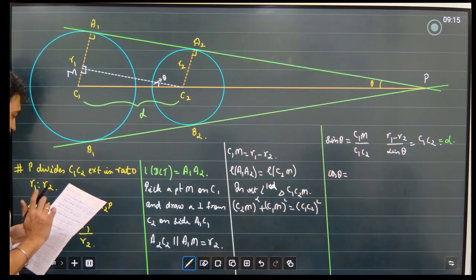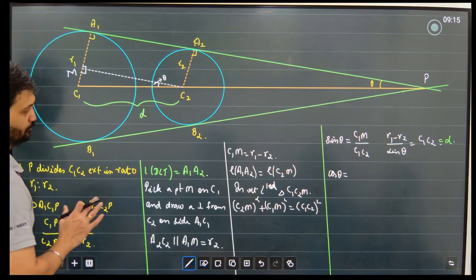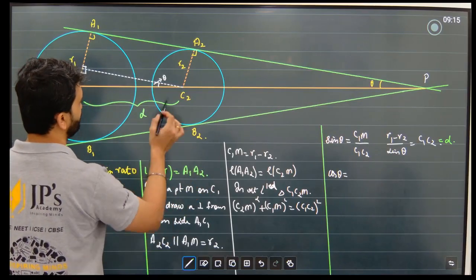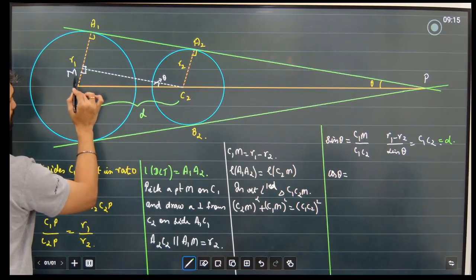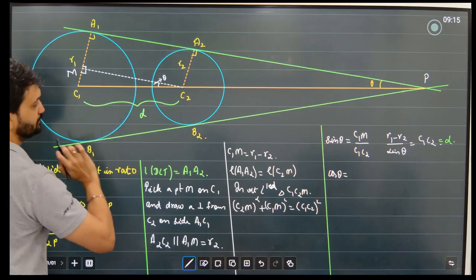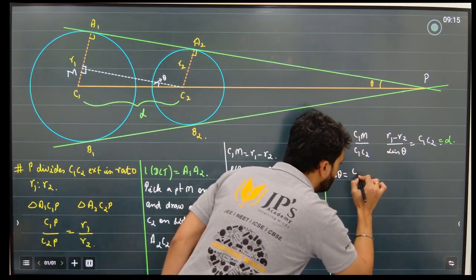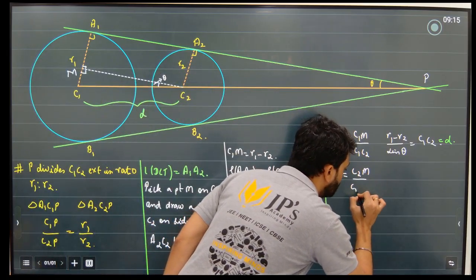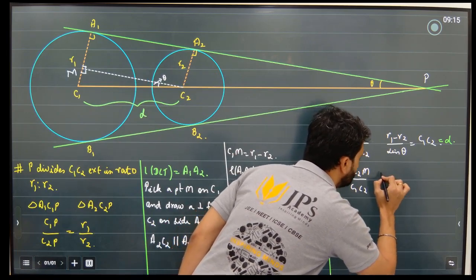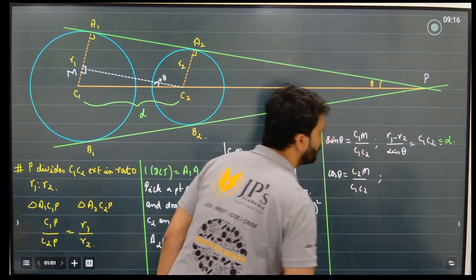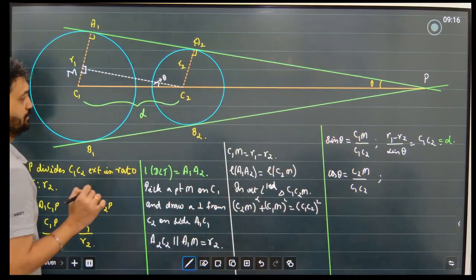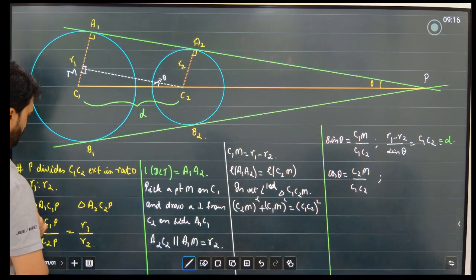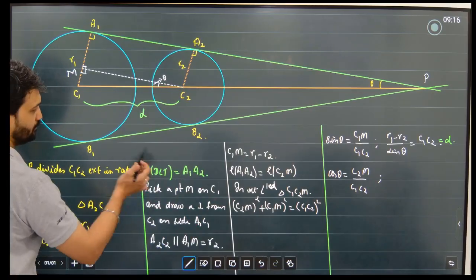Okay. So now, if I have to find the value of cos theta, my cos theta is C2M upon C1 C2. Let's write it: C2M upon C1 C2, which is nothing but A1 A2. Do I have some value for A1 A2? That is the length of the direct common tangent.